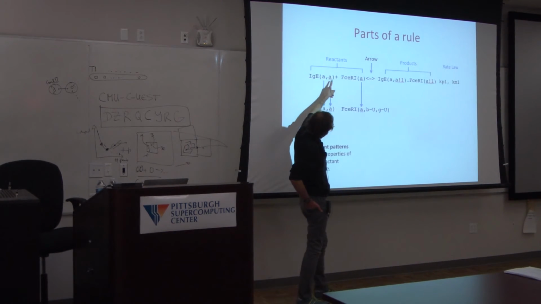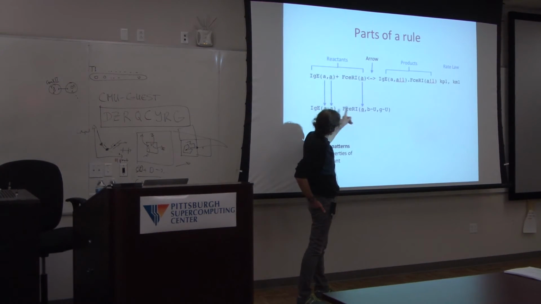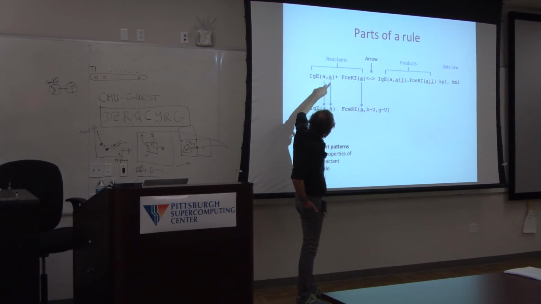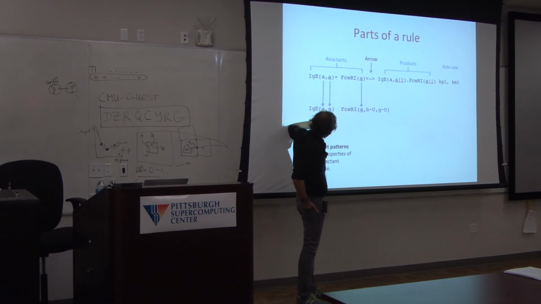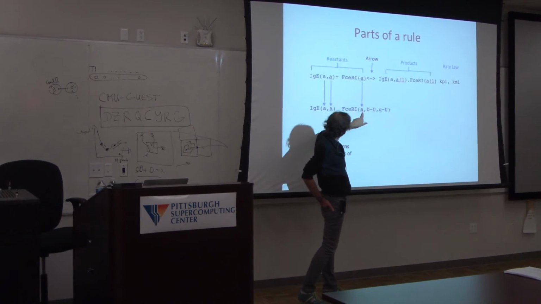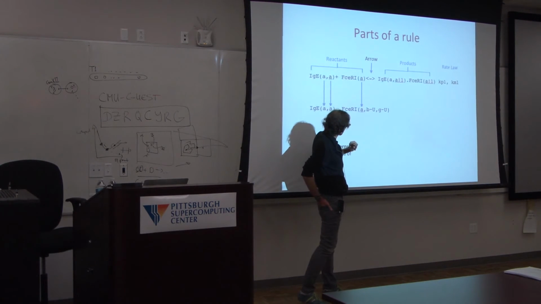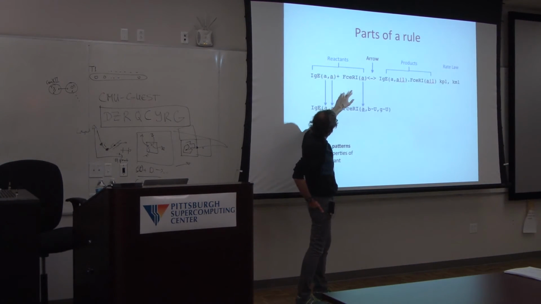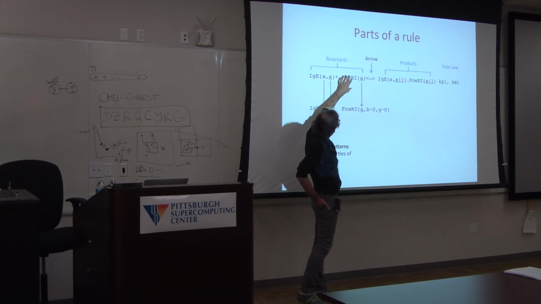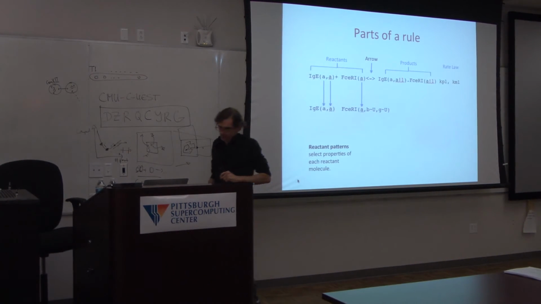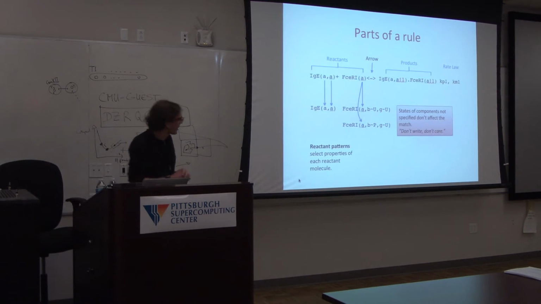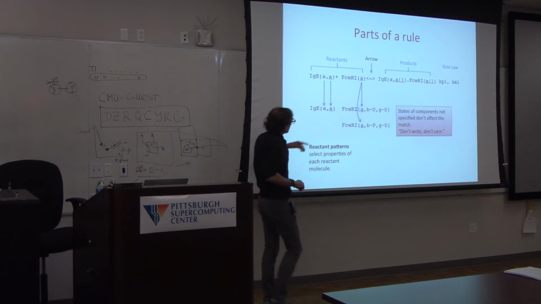And this rule now is going to generate the possibility of a reaction occurring between these two, because it says that if I have free IgE dimer, so both A sites are unbound, and the free receptor, the A site is unbound, then these patterns of the rule match onto these particular species, and now can create a reaction based on that.